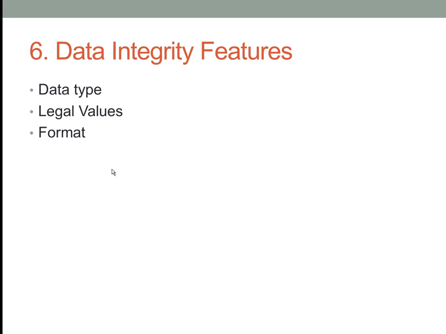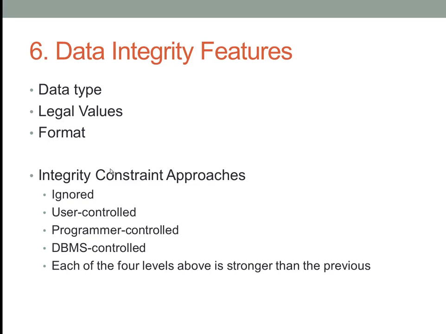Then they talk about the four different levels or different ways that these constraints can be handled. I find it interesting that for the first one, they just say you can ignore them, and then they act like that's a viable solution. But I suppose ignoring them is just like not putting them in at all.